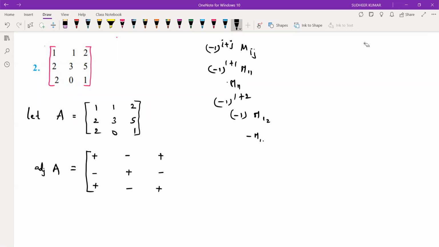So the first one we fixed as plus sign, the next one as minus sign. Is it clear? Yes, sir. But actually the procedure is this one only. We have to do it one by one.